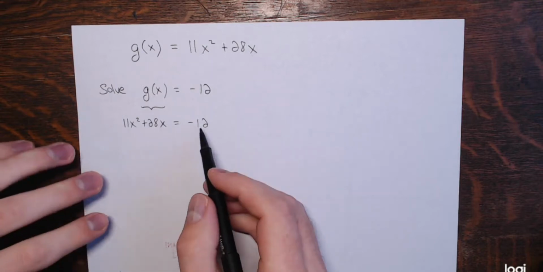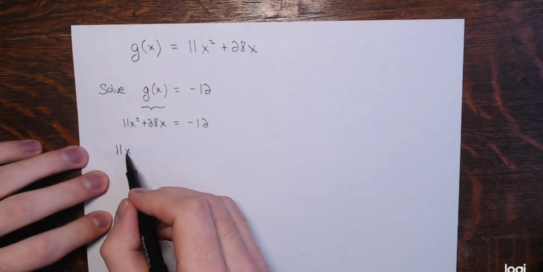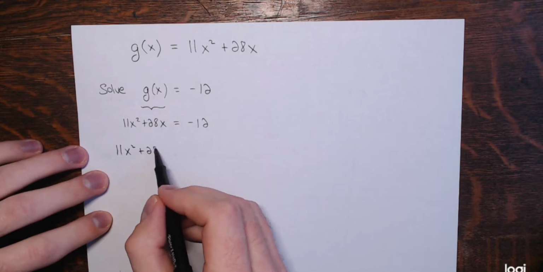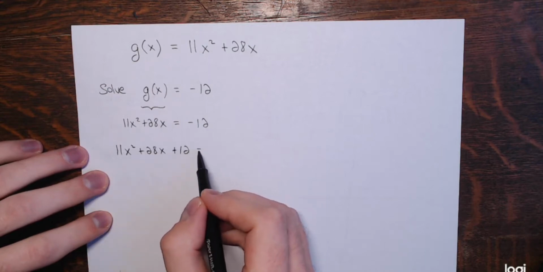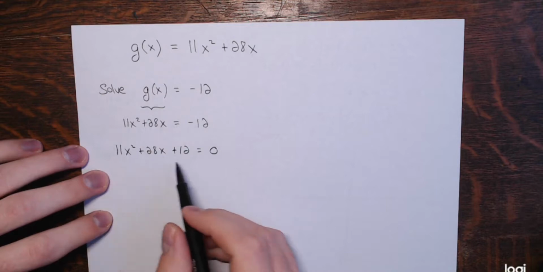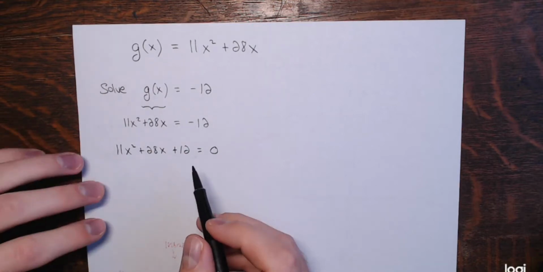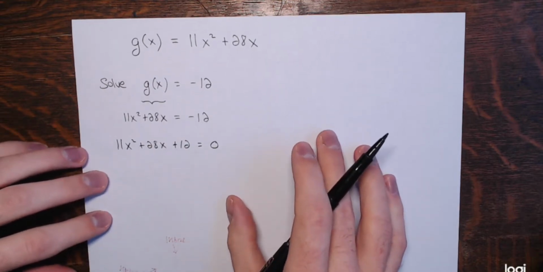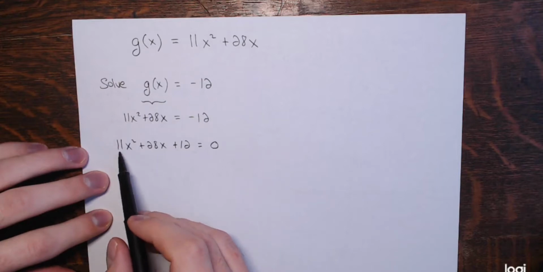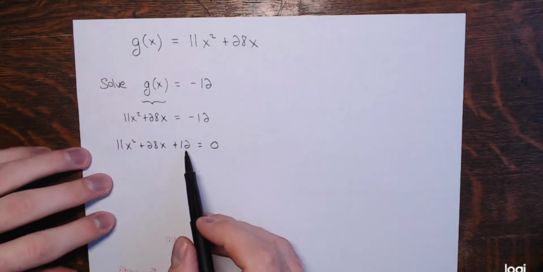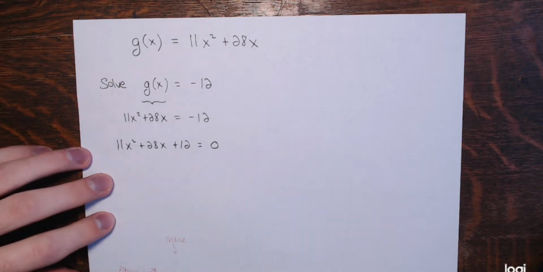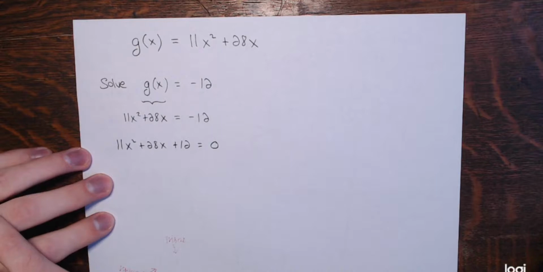So I'm going to add 12, get 11x squared plus 28x, and then plus 12 equals 0. And you can use the quadratic formula. Let's see, is this factorable? Let's see, if I do grouping, 11 times 12 is 132. Hey, you know what? I'm just going to use the quadratic formula.